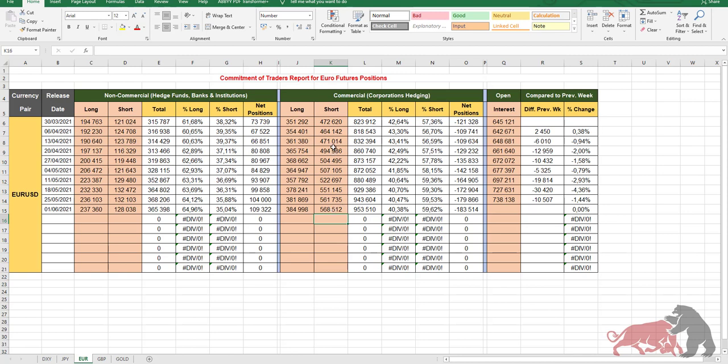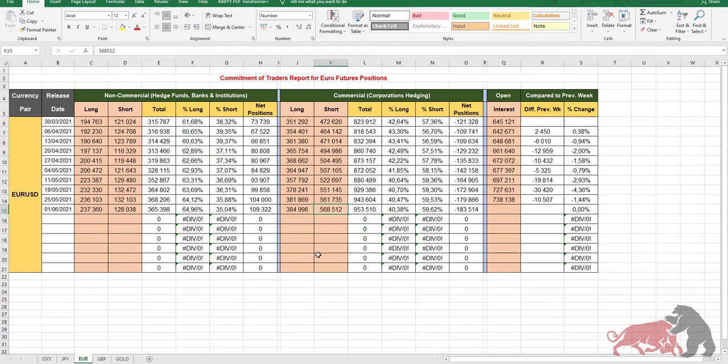For the past 9 weeks to be exact, they keep on increasing their short exposure on euro. They increased their long exposure from 381 to 384, that's about 3,000 positions. But their short exposure, they've increased from 561 to 568.